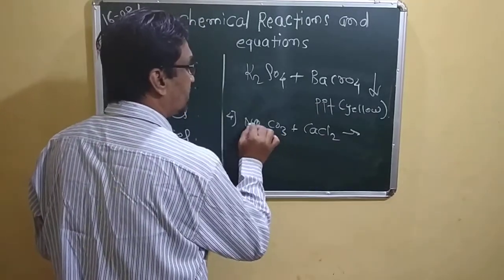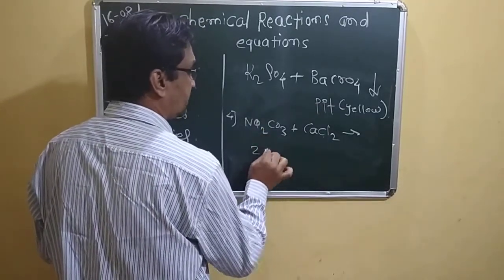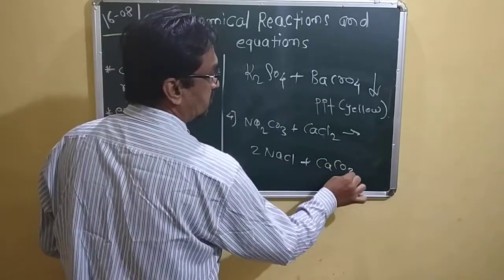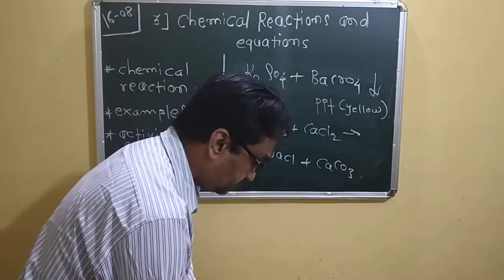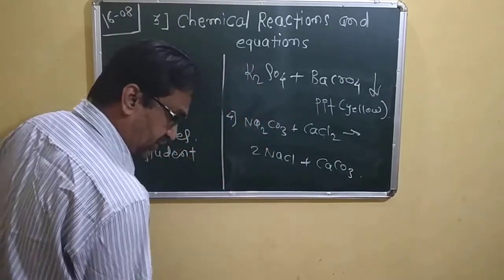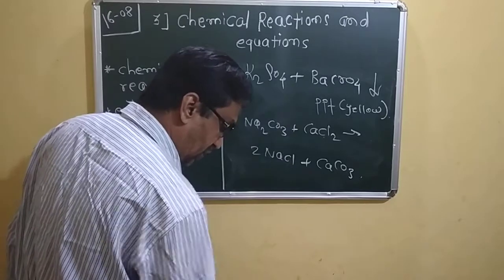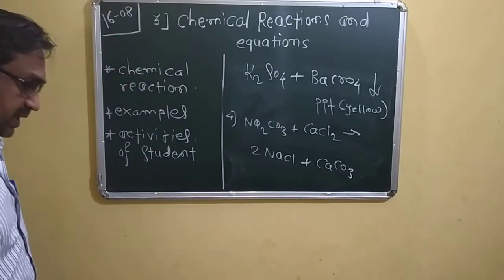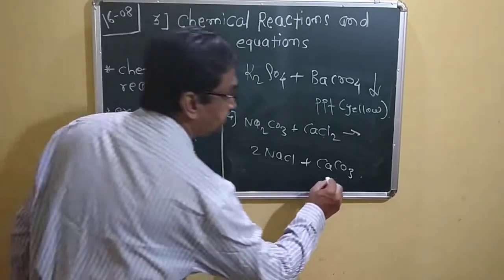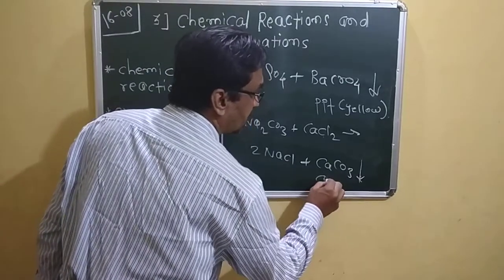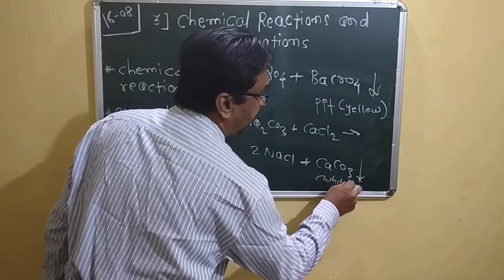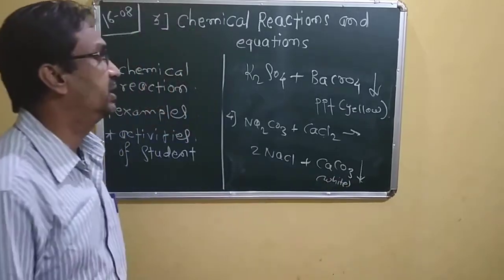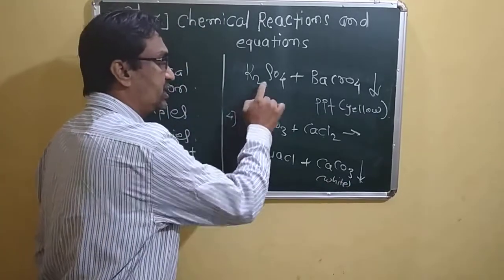So what do we have to see? 2NaCl plus CaCO3. When solution of sodium carbonate is added to calcium chloride, white PPT of calcium carbonate is formed. Here we can see the yellow PPT, here we can see the white PPT. Both these reactions are double displacement.